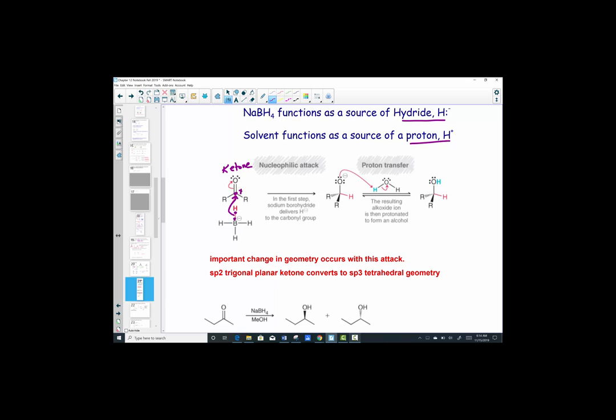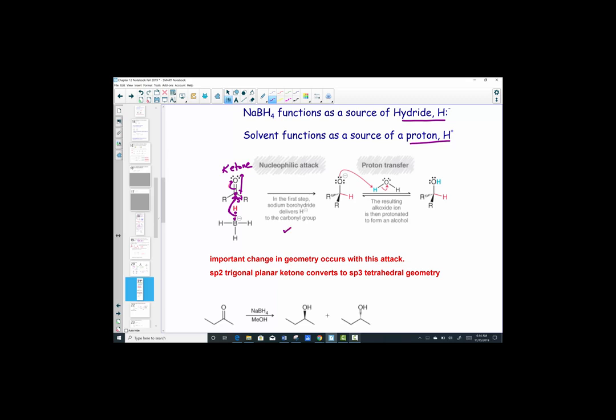Remember, the electron withdrawing group from the oxygen is pulling the electron density away from the carbon, essentially making this a little bit positive. So the target is to take the hydride and attach it onto the carbonyl carbon, thus breaking the pi bond and collapsing it up to 2 extra electrons on the oxygen.